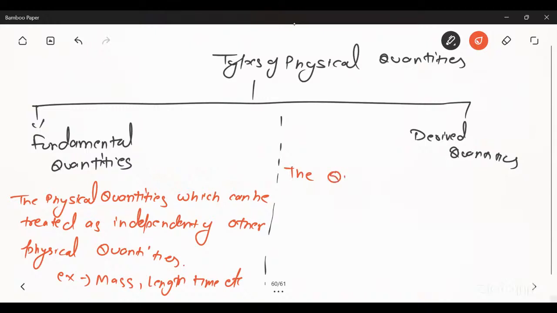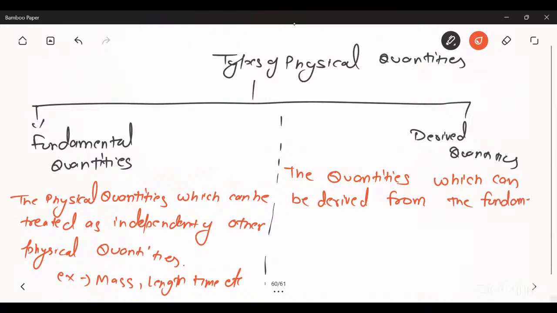The quantities which can be derived from the fundamental quantities are called derived quantities.